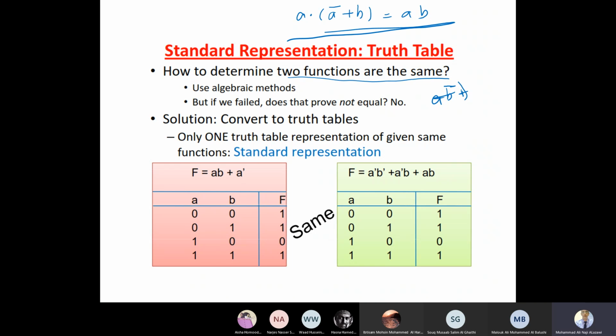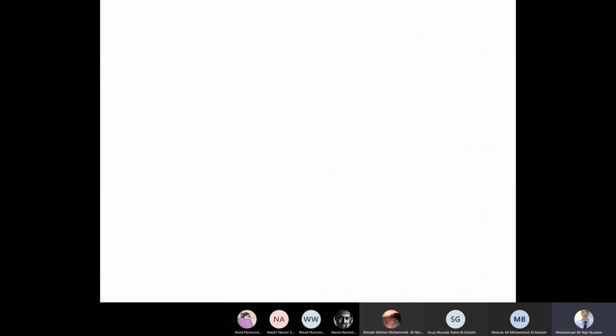Remember in the truth table what we've done? I will remind you of this. Show if A prime dot A plus B is equal to A B, and you solve this using a truth table.